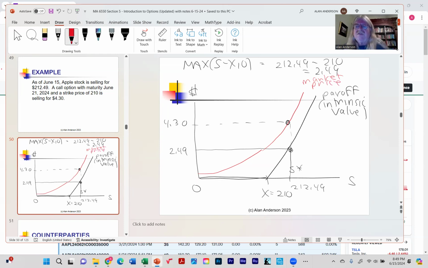So in other words, you as an investor are expected to pay 430, for something which, if exercised today, would only provide us with a payoff of 249. The difference between these two curves is referred to as the option's time value.